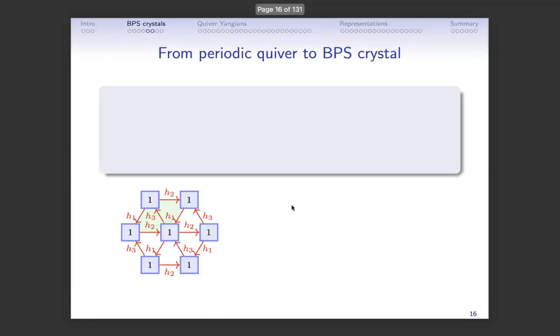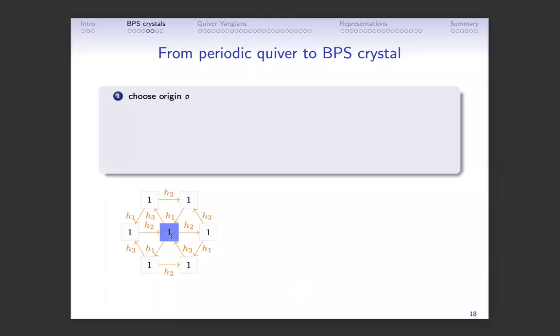So let me explain in a bit more detail how to build these BPS crystals. Let me give you the C3 example. To do this, I draw this periodic quiver on R2. Here I only draw a few sections, but you should consider this as covering the entire R2. First, you take an arbitrary vertex and consider that as your origin.